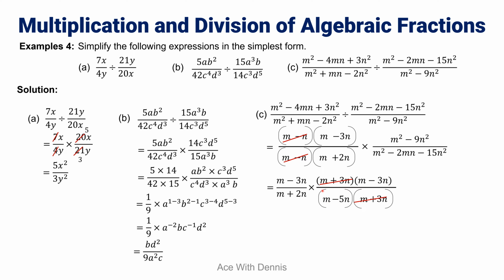Now the next step, cancel m plus 3n with m plus 3n. So we are only left with m minus 3n over m minus 5n. Then combine these two fractions together: m minus 3n, we get m minus 3n squared here, and the bottom is m plus 2n times m minus 5n. So this is our final answer.